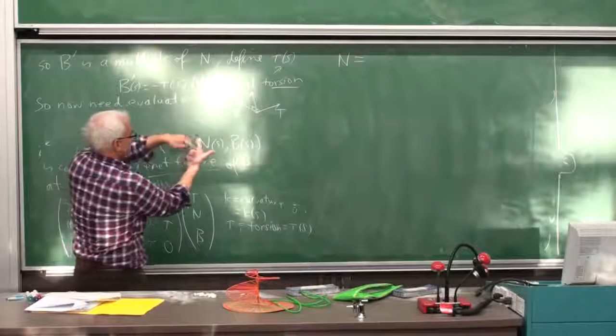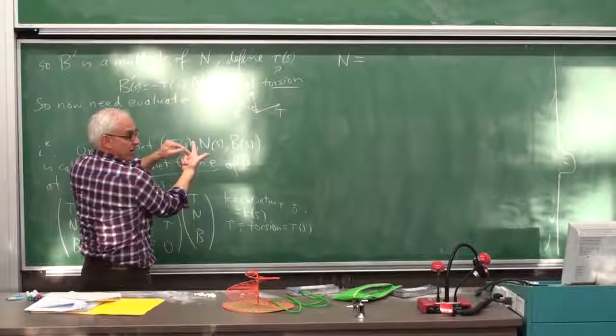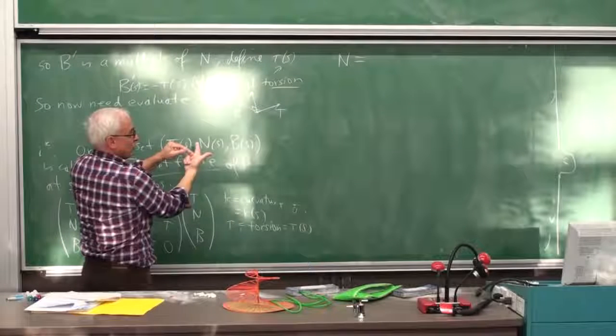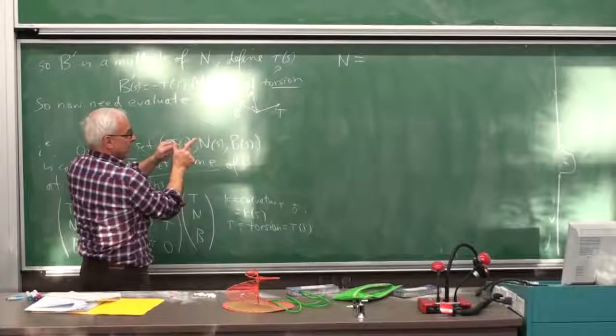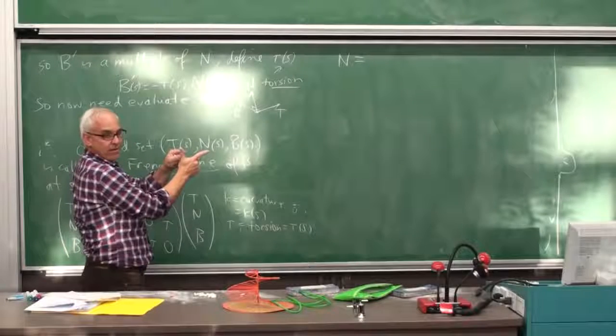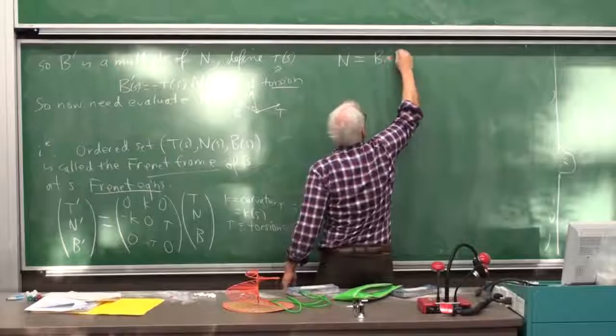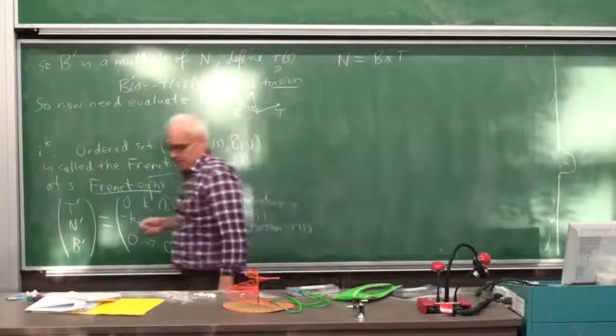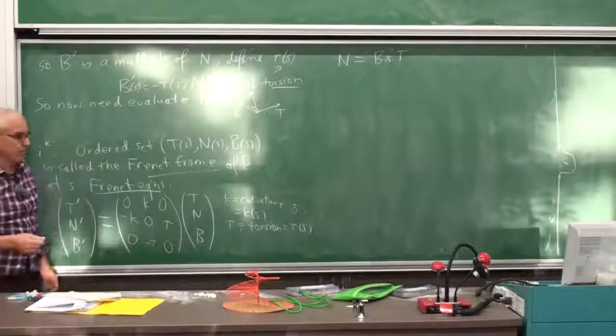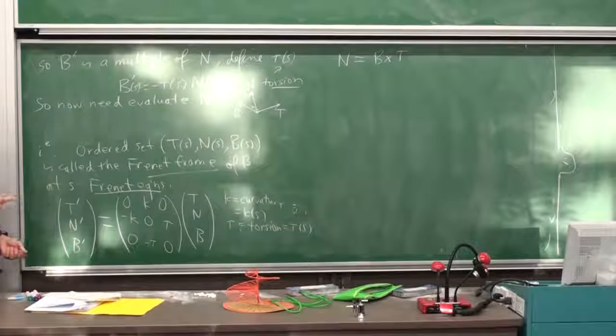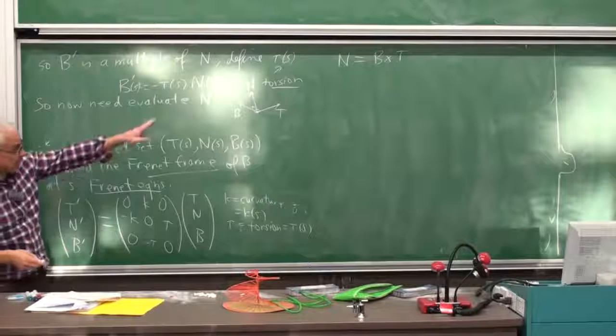So here's T, and here's N, and here's B. So if I do B times T, I'm going to get N. So N is equal to B times T, cross product of B with T. It's like I times J equals K, J times K equals I, K times I equals J. It's sort of cyclic like this. Okay, so that's an expression for N.